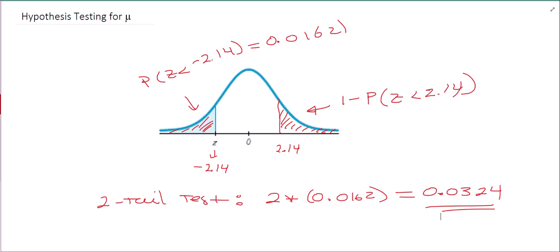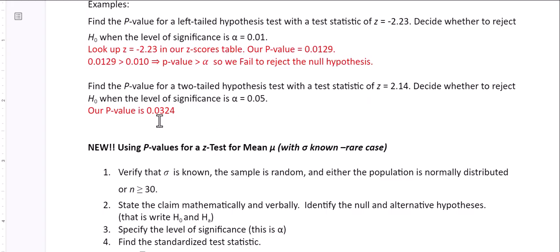So let's go back to our notes. We have our p-value is 0.0324. So now what do we do? Decide whether to reject the null hypothesis at the 0.05 level. So compare 0.0324 to 0.05, and we can see that our p-value is smaller. Looking at the hundredths place, this is 5 and that's 3, so our p-value is smaller.